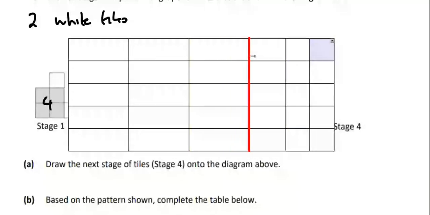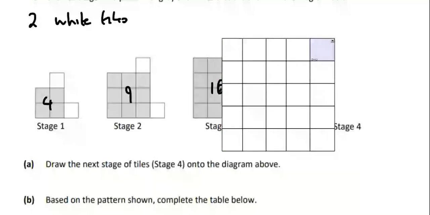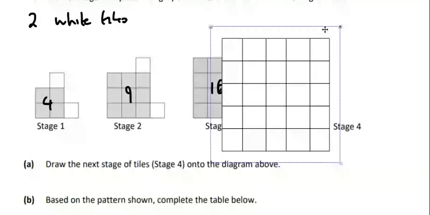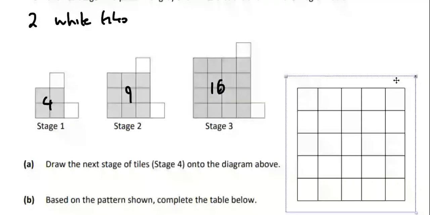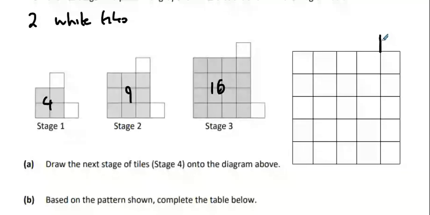2, 3, 4, 5. Right. So this here is our gray ones actually, and then the two white ones will be here and here.